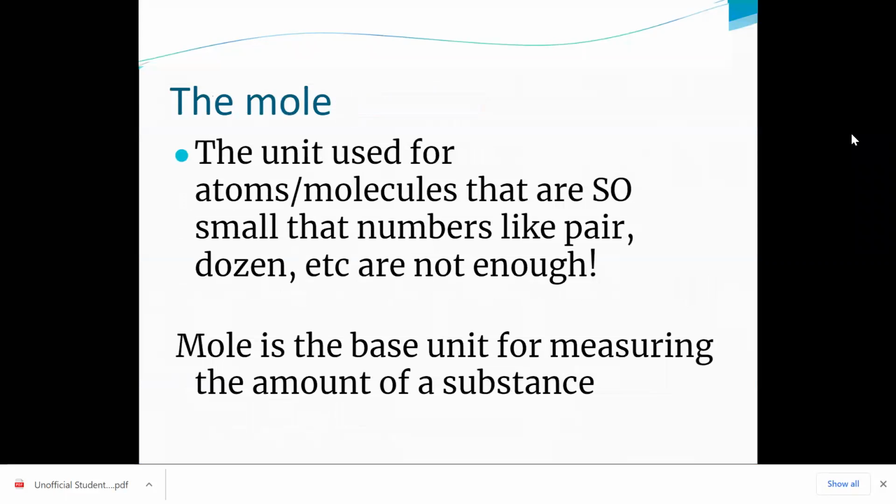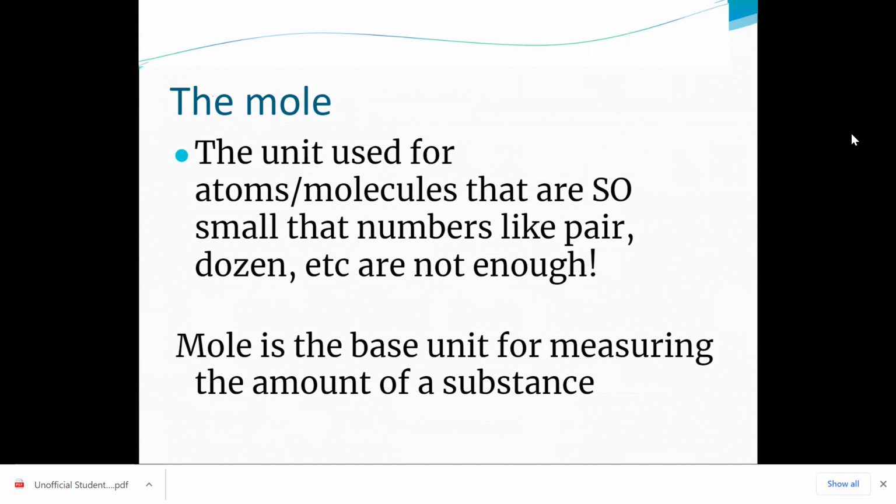So the mole is the unit that we use for atoms or molecules that are so small that a pair, a dozen, a gross, that's not enough to really classify them into a group. Because if we tried to classify groups of atoms into pairs, we would still end up with trillions and trillions of pairs. If we were trying to tell you how many atoms are in a table or something, we would end up with too big of numbers to deal with.